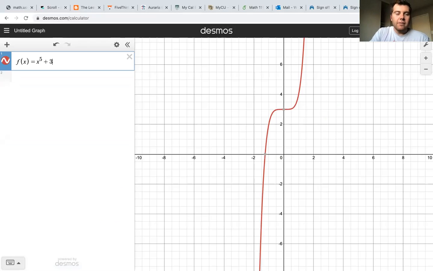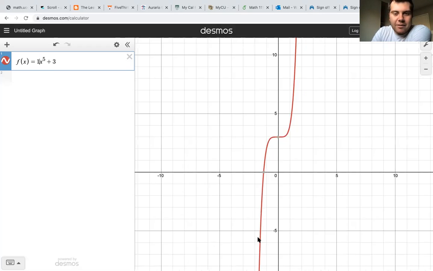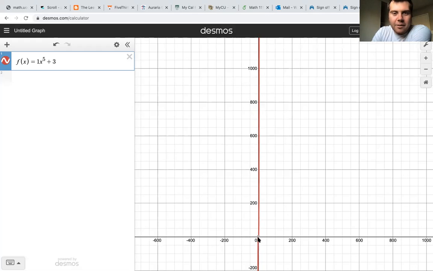Then the degree of our polynomial is 5, so that's odd. And our leading coefficient is, you can't see it, but it's 1, which is positive. And so our function is following that rule. As we're plugging in really large positive x values, we're getting something positive out. As we're plugging in really negative x values, we're getting large negatives out. So that says we're going to positive infinity on the right and negative infinity on the left. And if we zoom out, we can see that, yeah, nothing weird is happening.